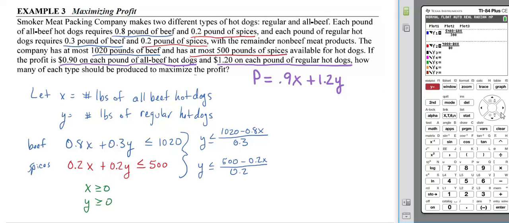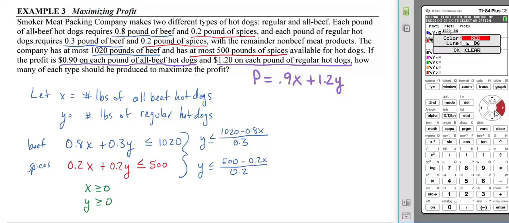Get those entered into the calculator. My shading I need to fix. I want to be shading below this time. Y is less than, and put the function in. And here again, I need to fix my shading.